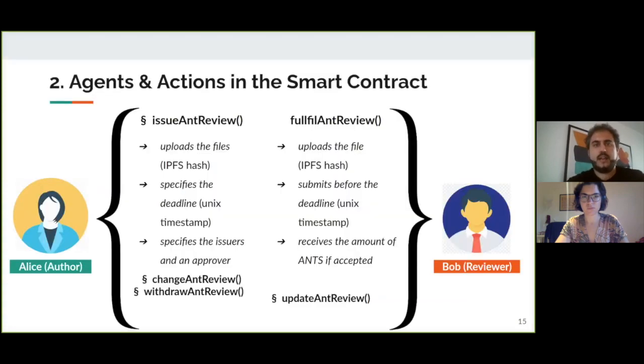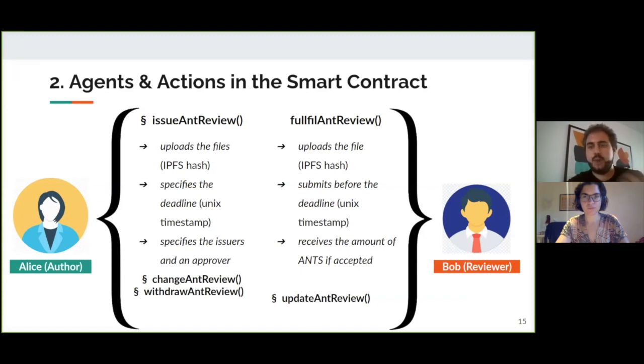And as we can see, an agent in the protocol, Alice, an author, can issue an Ant Review by uploading the paper on IPFS that the contract will timestamp on the Ethereum blockchain, and also it will specify other issuers, other authors, as well as an approver and a deadline.